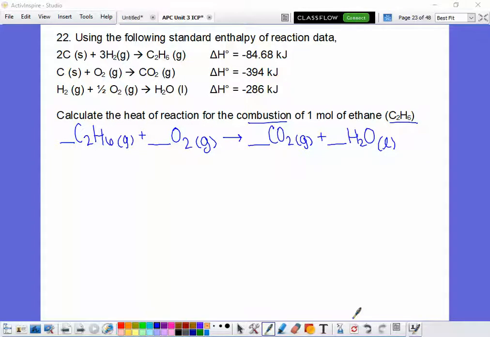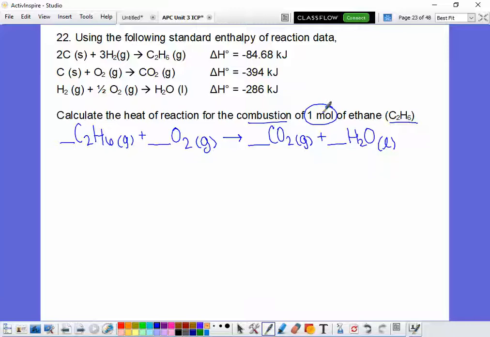The coefficients when this is balanced are 2, 7, 4, 6, except for the fact that we needed to balance this for 1 mole of ethane. So when this happens, you didn't do anything wrong yet.